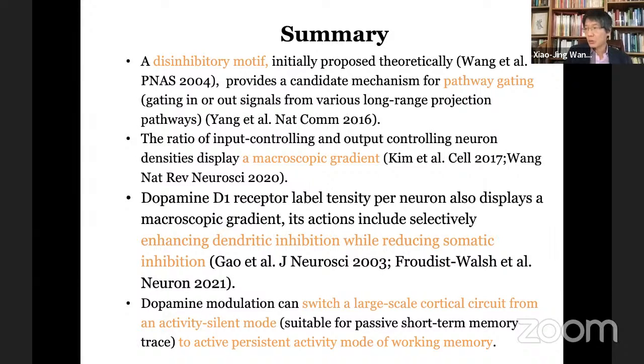It's quite well established that gamma arises mostly in superficial layers through interactions between excitatory neurons and PV interneurons. But the second mechanism for beta or alpha, there are multiple proposals, but less established.